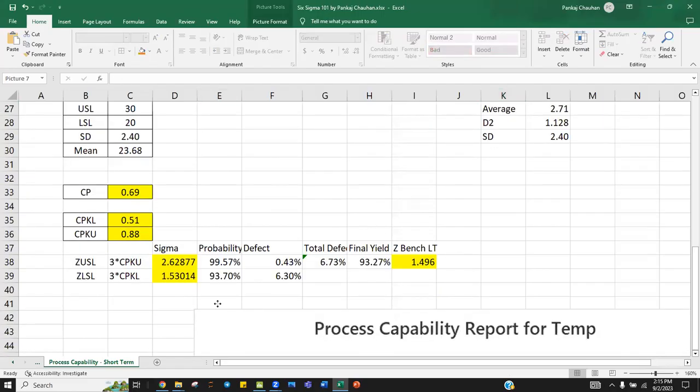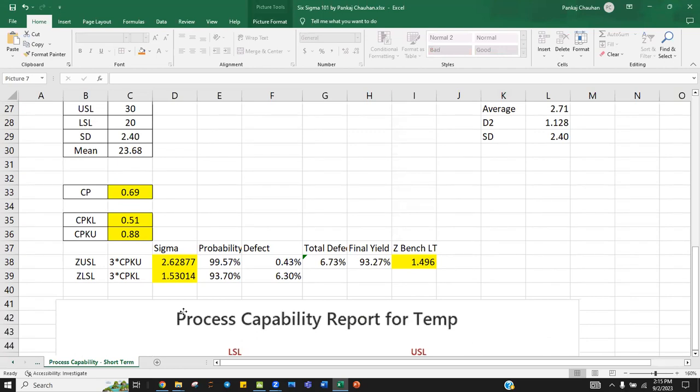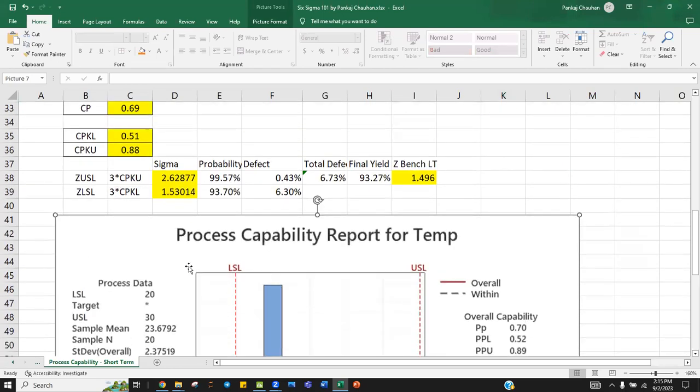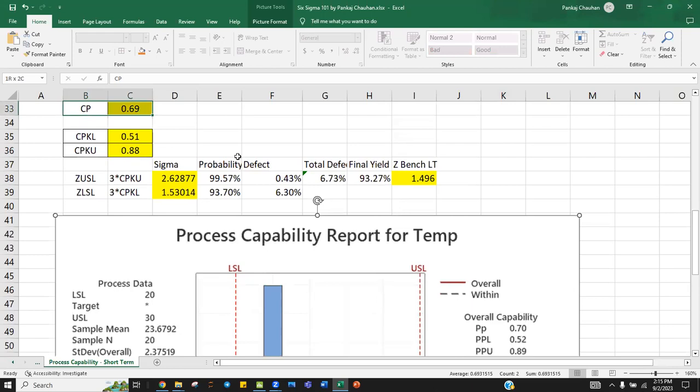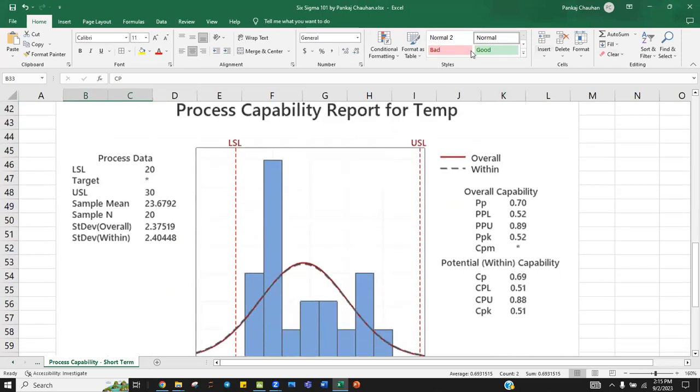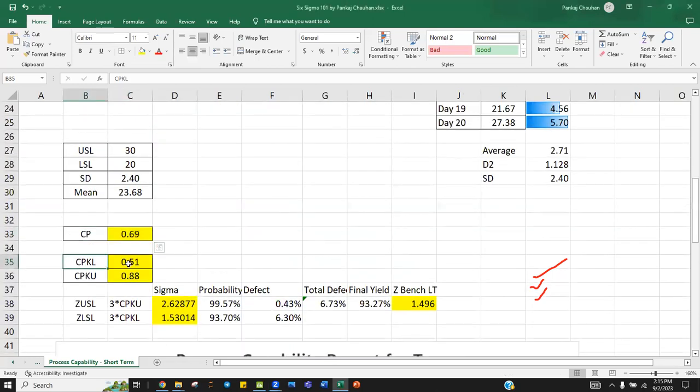So for potential capability, my CP value is 0.69, which I have here. CPL is 0.51 and CPU is 0.88, right? So CPL is 0.51, CPU is 0.88, and my final CPK is 0.51, which is here.